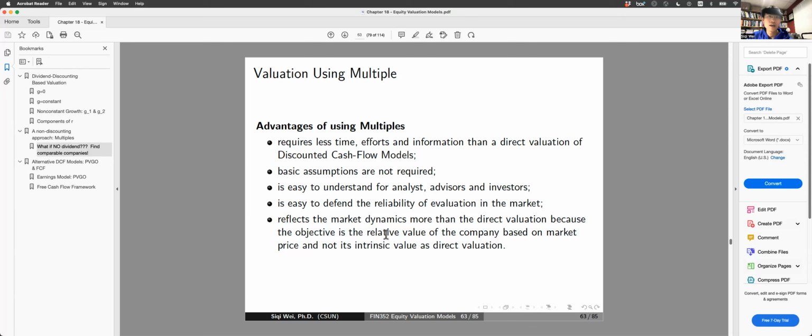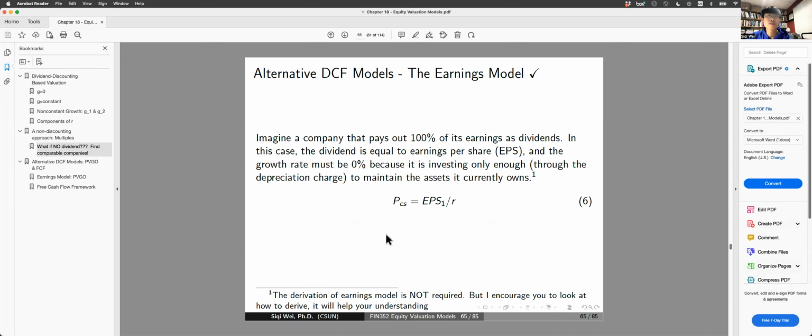I think the third analytical framework I want to talk about is what we call the alternative discounted cash flow model. The idea is, again, we do not want to assume dividend payout.